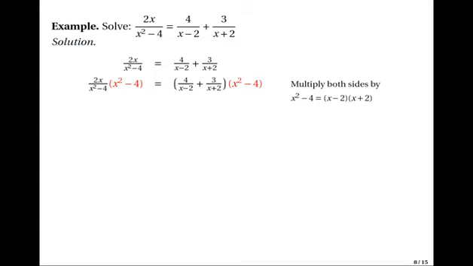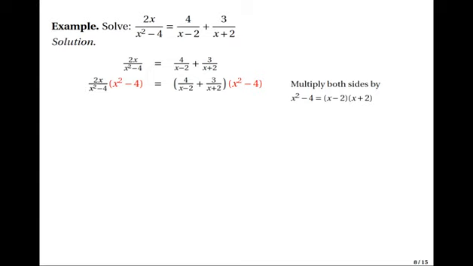You can only do this multiplication if the one you're multiplying is not equal to 0. Actually, if you're multiplying 0, that's totally fine. And then you will get 0 equals 0.